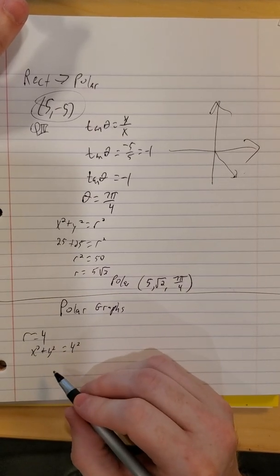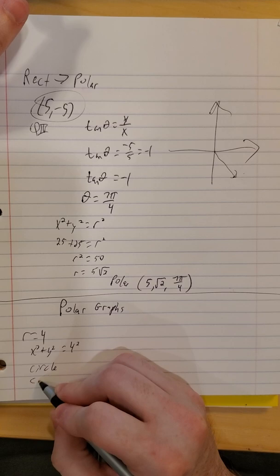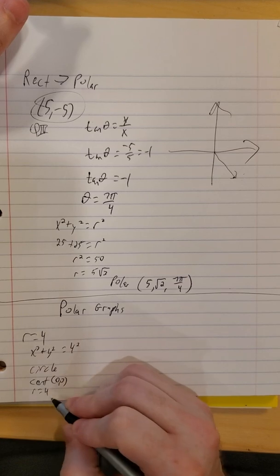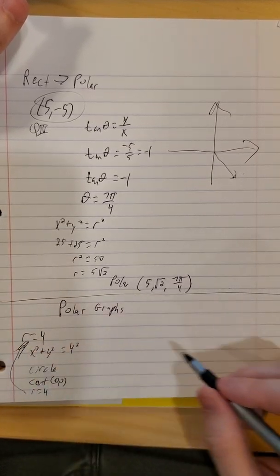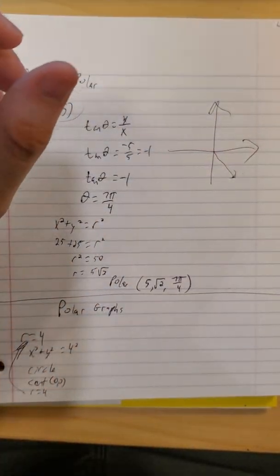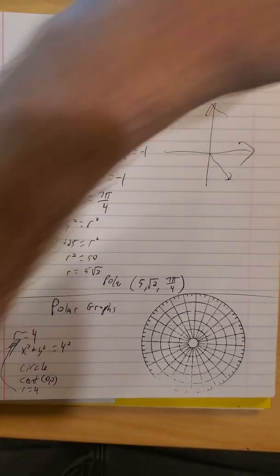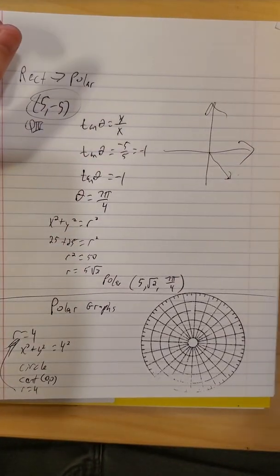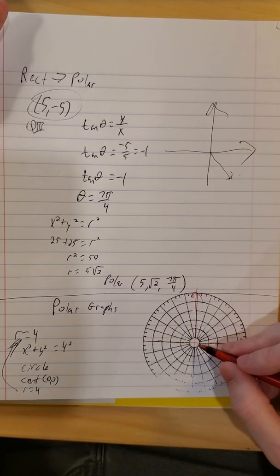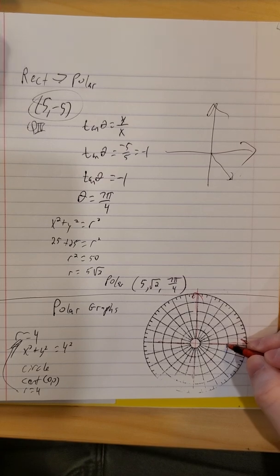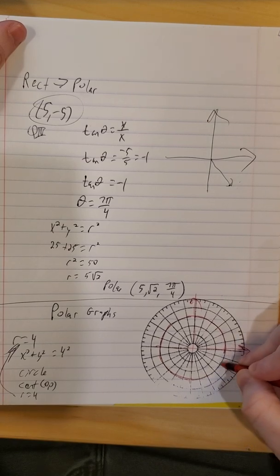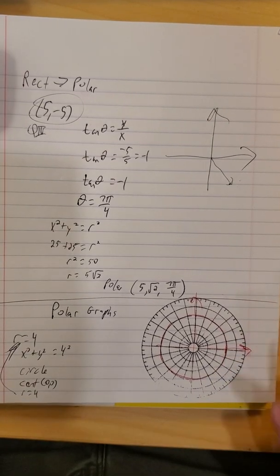Well, this is a circle centered on the origin with a radius equal to 4, hence r equals 4. So on this one, we're just sketching a circle with the radius of 4 units. So here's 1, 2, 3, 4 units out. So there's our graph of r equals 4.